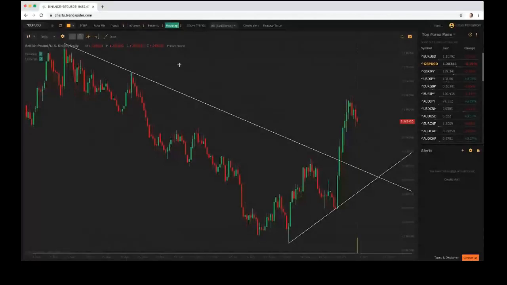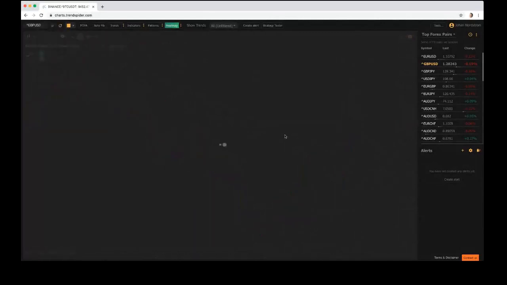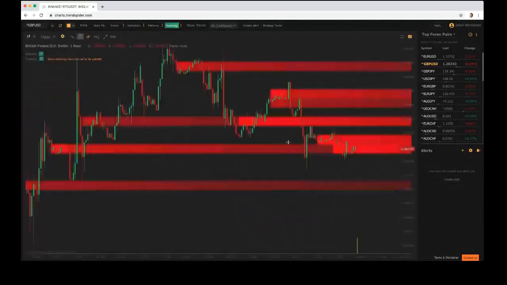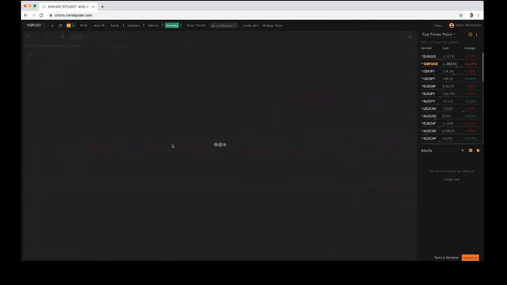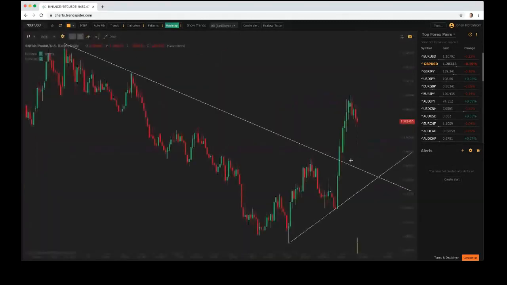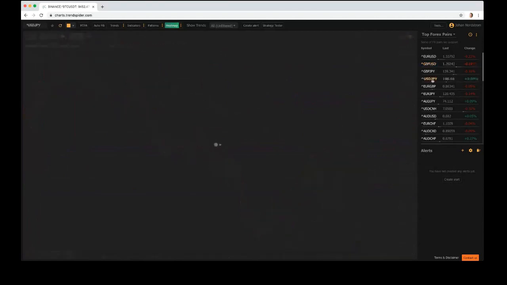So what you basically want to do then is move down to a lower time frame, and you want to find a good candlestick pattern at a key level like this. So both Euro USD and GBP USD look quite bullish now.